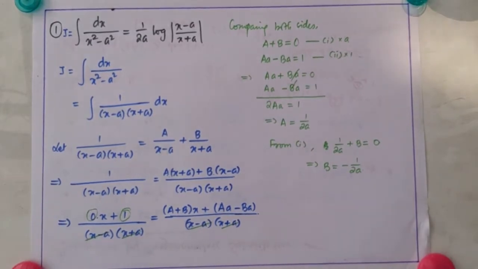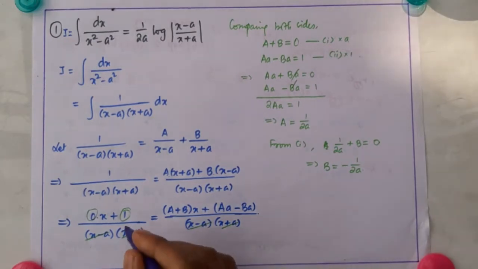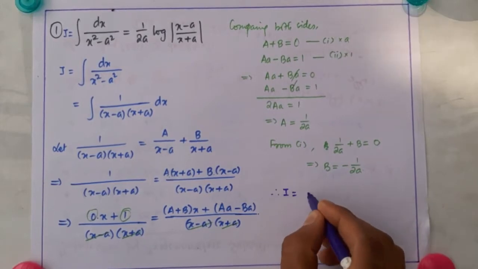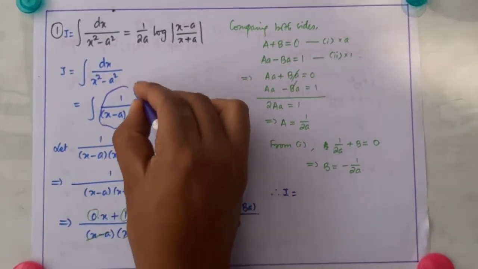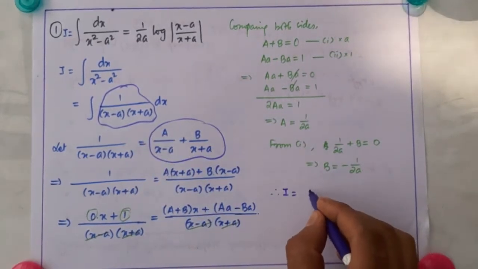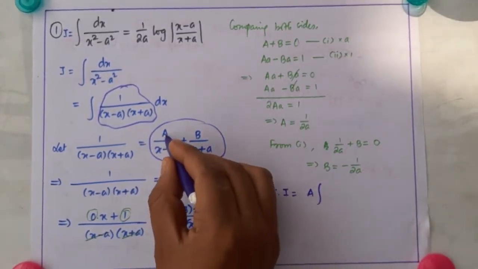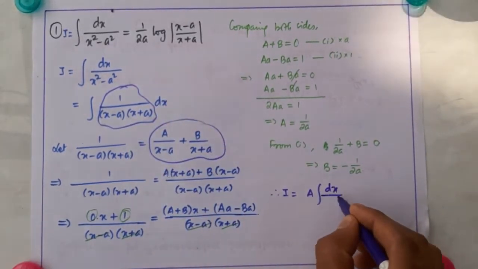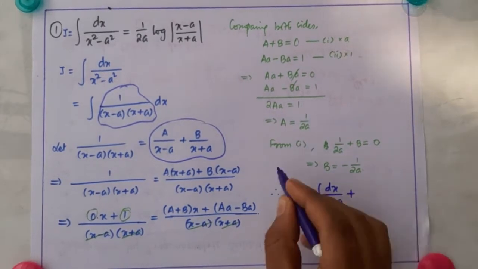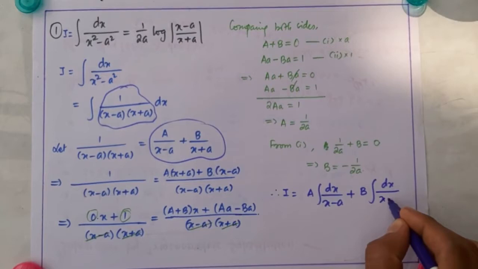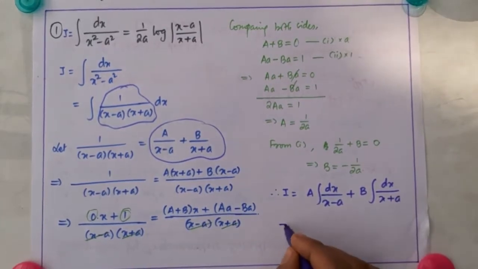Okay, so let's get back to our work. This integral I can be written as A, which is a constant and can be kept outside, integral dx by (x minus a), plus similarly B integral dx by (x plus a). Now what's the value of A?